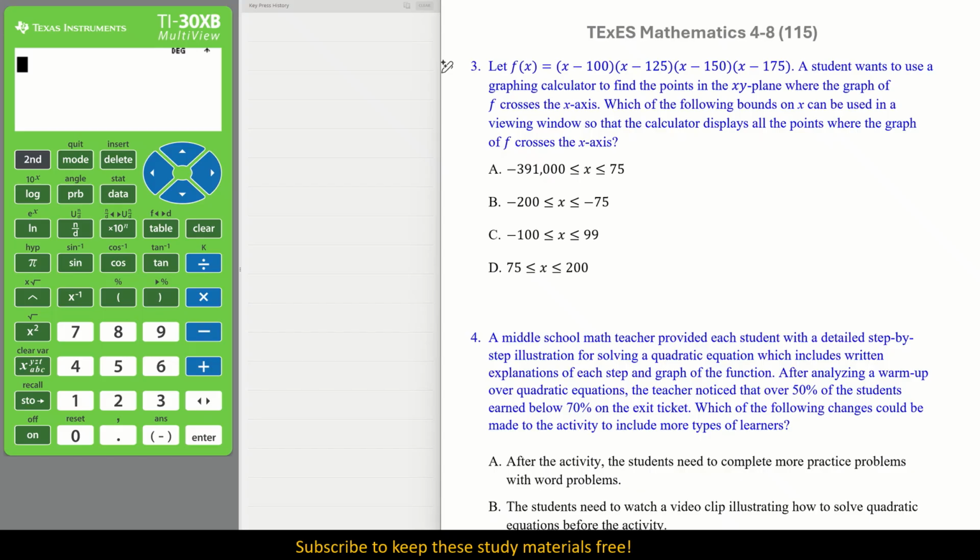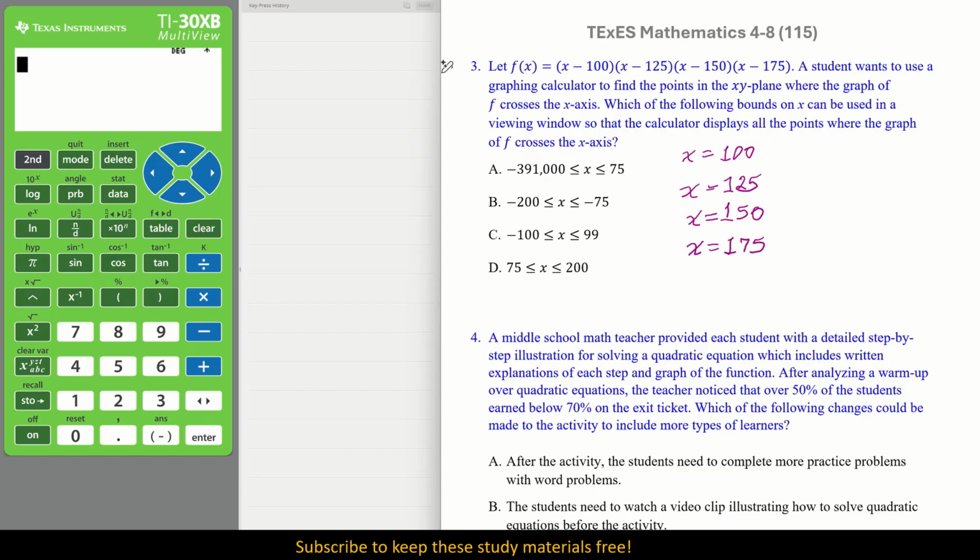Basically what they're saying is, where will you see all of these points to be able to answer the question? Well, we see our maximum and minimum. Each of these little expressions in our parentheses can just be pulled out to say x equals 100 and x equals 125 and x equals 150 and x equals 175.